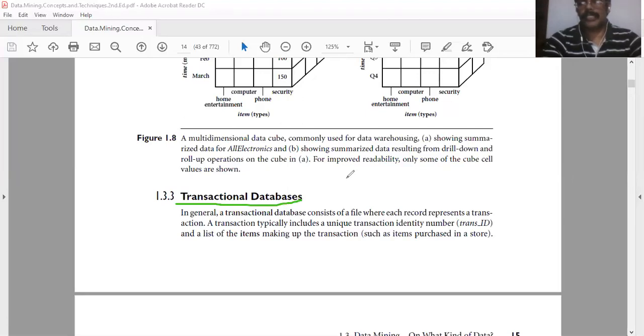A transactional database consists of a file where each record represents a transaction.